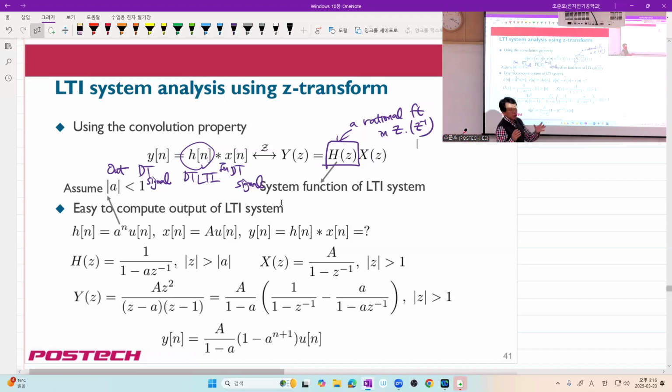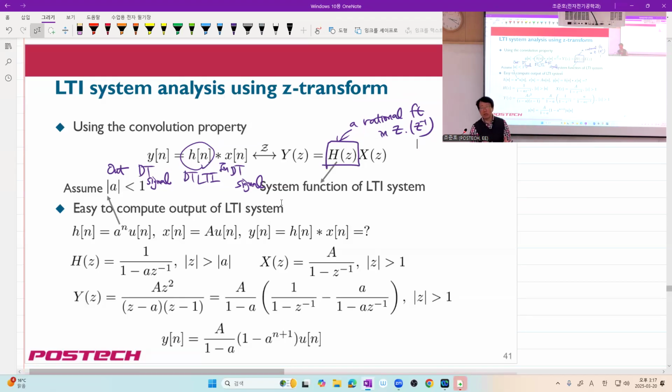Why? Because the system is a dynamic system, which means it generates a time varying signal. However, as you see, what's varying here? These are algebraic expressions. So the Z-transform allows us to rewrite a dynamically varying signal and dynamically varying system as rational functions in Z. Then your algebraic manipulation gives you the solution.